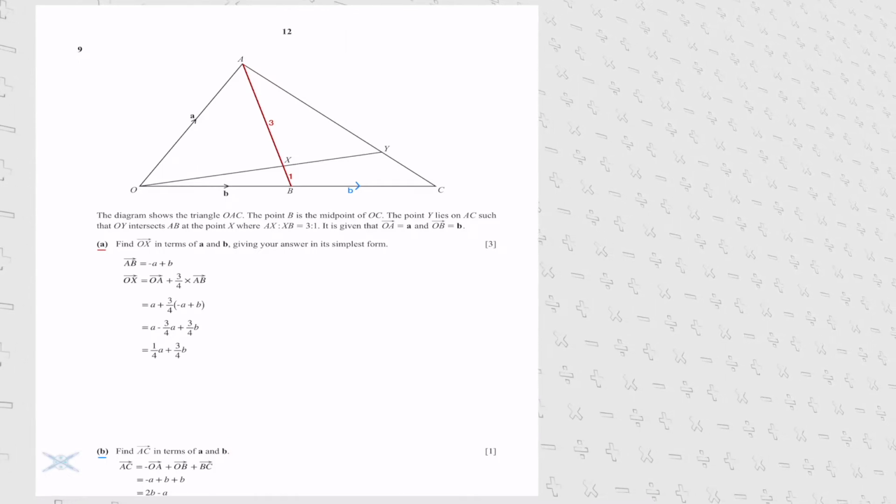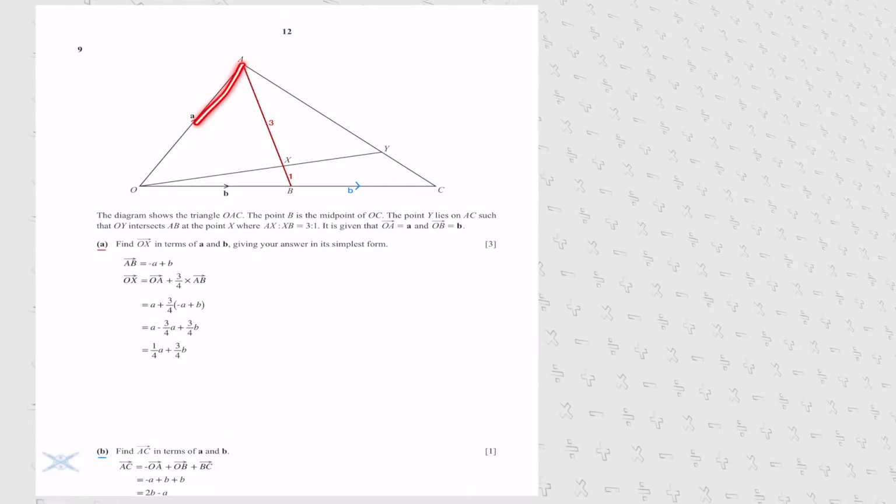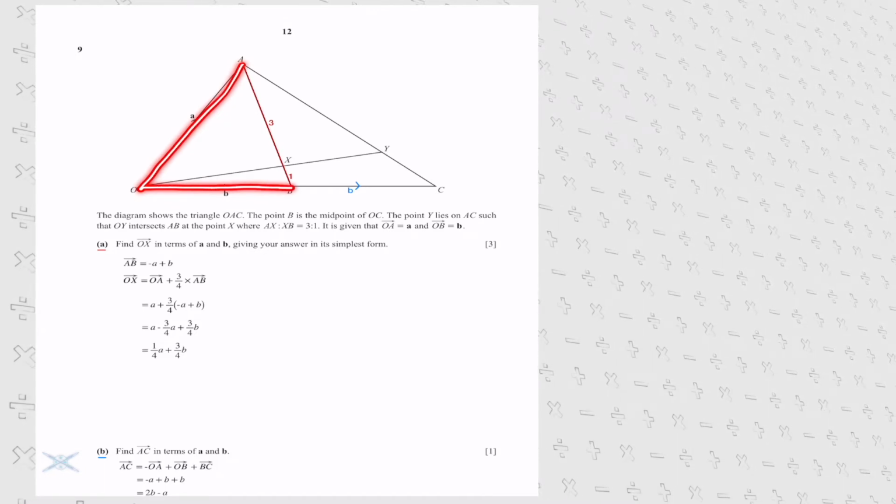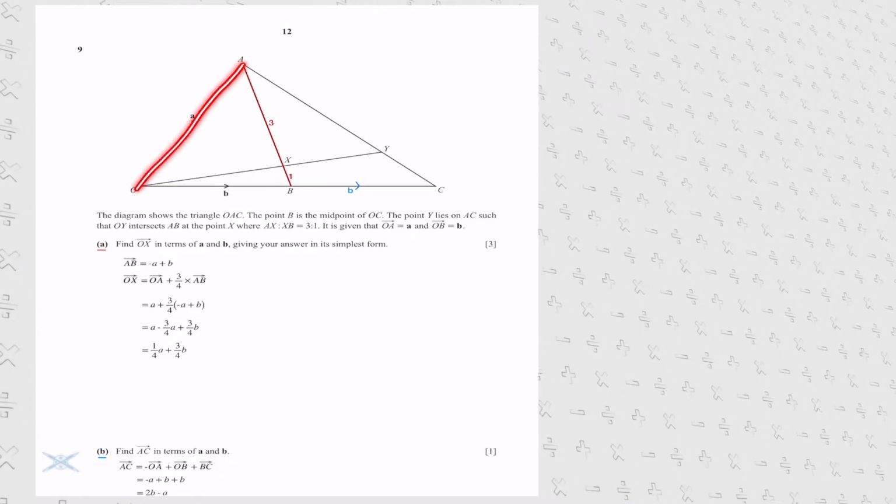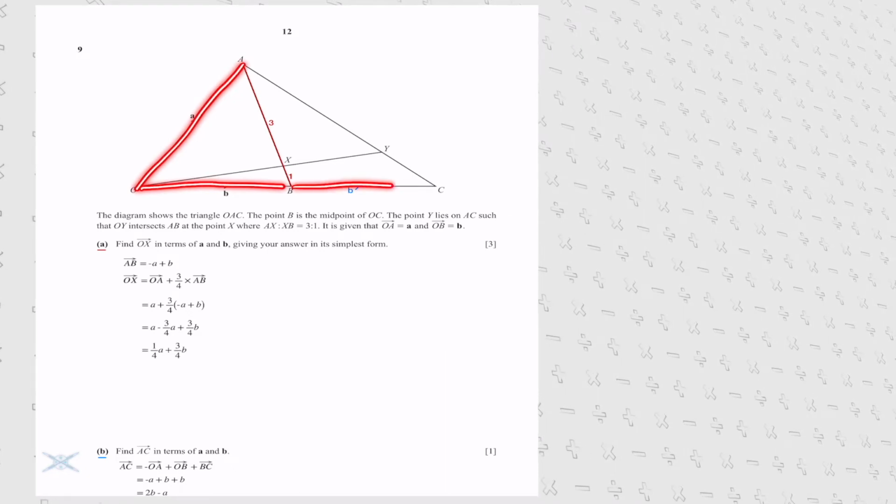This can be achieved by traveling from A to O, from there to B, and finally from B to C. All of those parts are already known in terms of A and B for the following reasons.